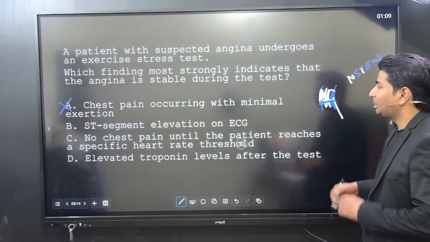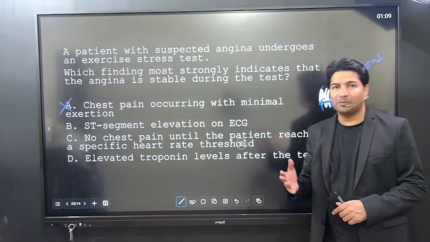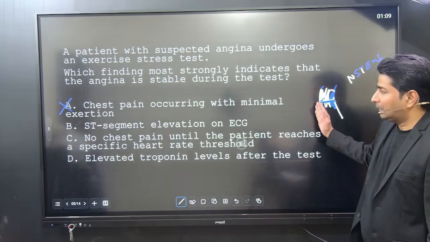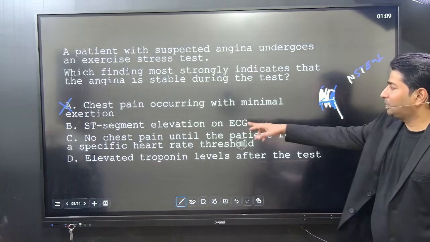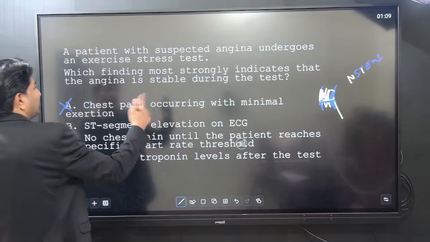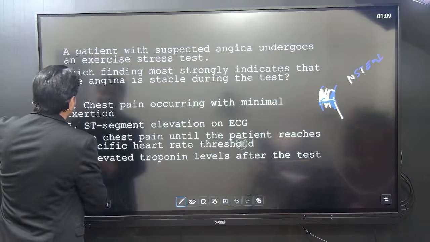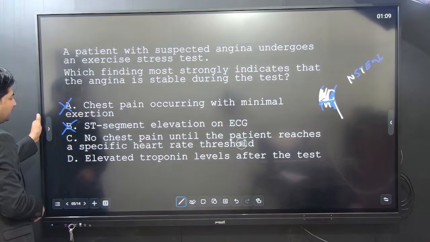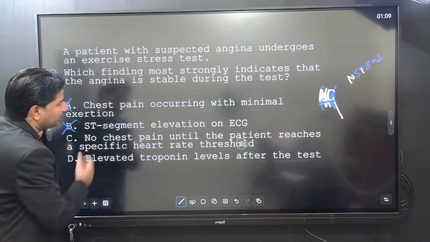The ST segment will elevate, indicating a complete blockage of the coronary artery, leading to transmural myocardial damage. So this indicates a myocardial infarction, but we need to find the one that indicates stable angina pectoris. That one is for myocardial infarction.